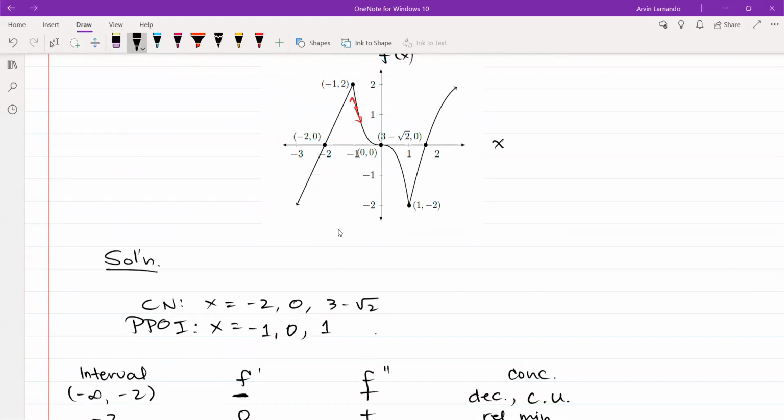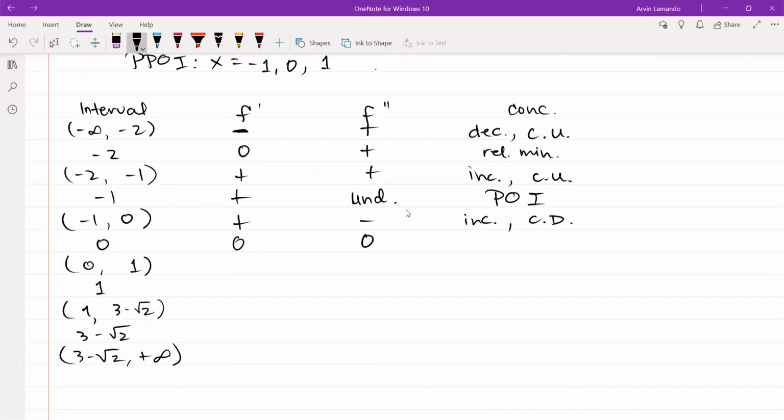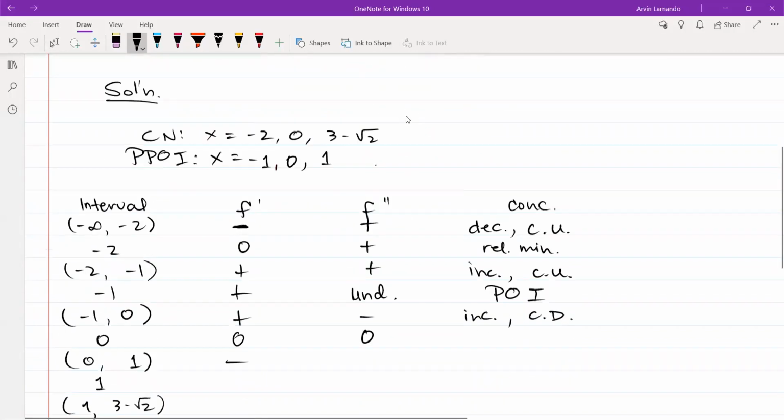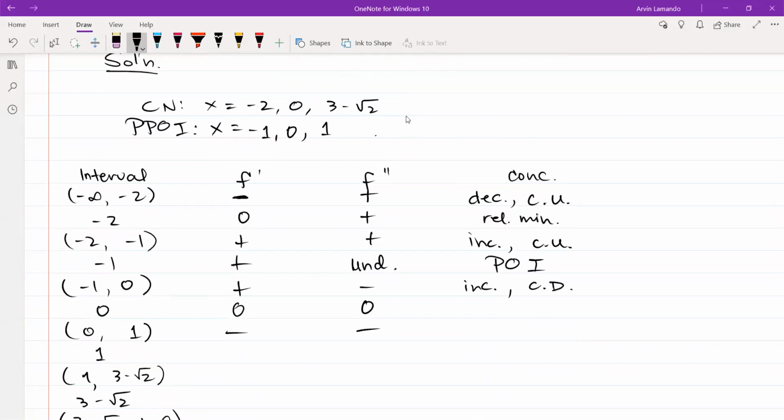From 0 to 1, f prime is negative. However, f double prime is negative. You have negative slopes. Therefore, this is a relative maximum by the first derivative test.